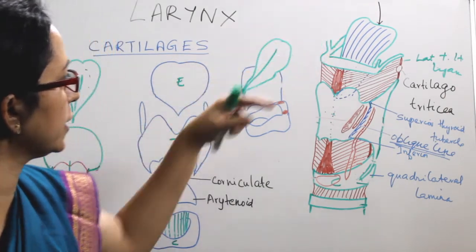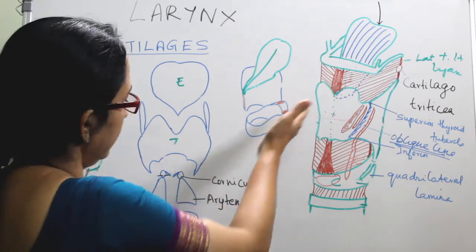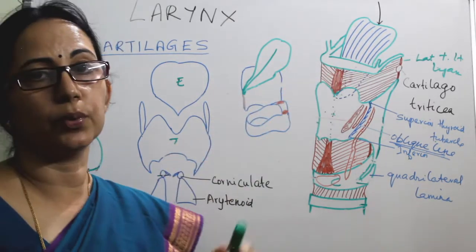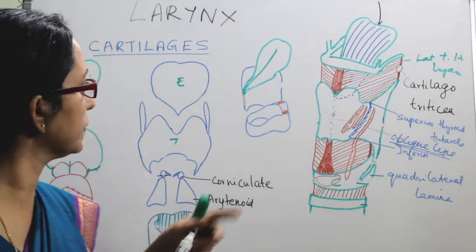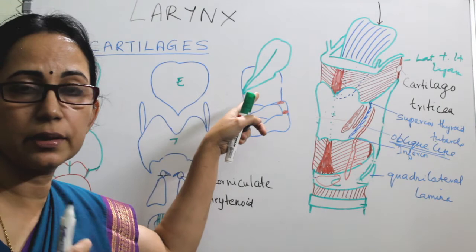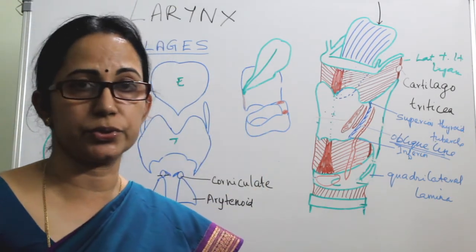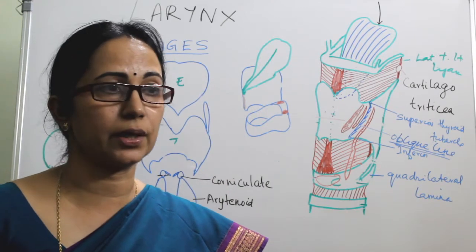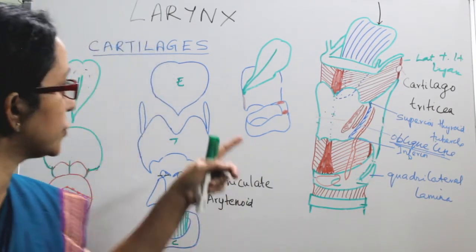It is coming behind the tongue and also the hyoid bone. It is attached to the inner aspect of the thyroid cartilage, just below the thyroid notch.